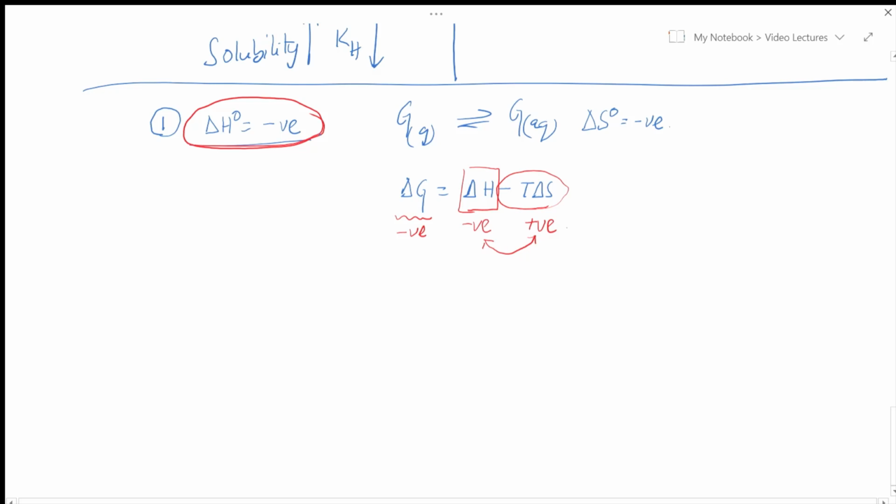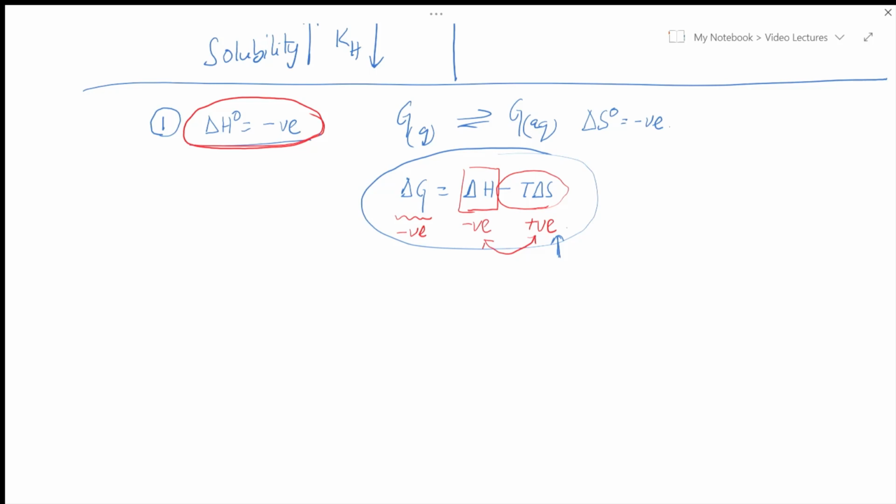Now, when we want to evaluate the effect of temperature, we look at this equation, delta G is delta H minus T delta S, and at the second part, which is minus T delta S. Now, in this case, if you increase temperature, minus T delta S will become more positive. If it becomes more positive, delta G becomes less negative, which means it becomes less spontaneous.